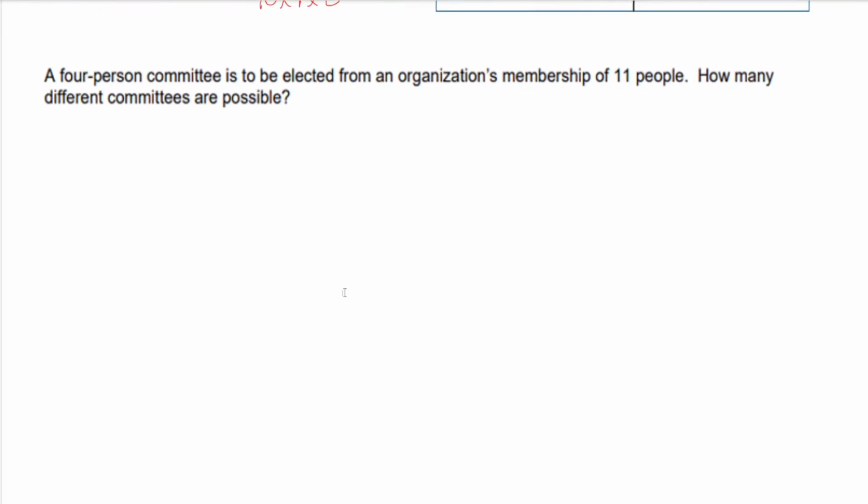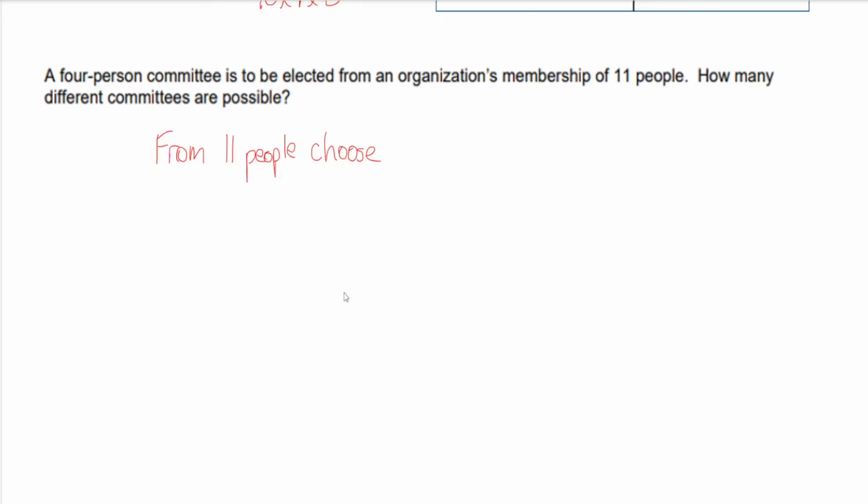Okay, so let's look at this one here. We do not have unique positions on the committee. Right? We just have a committee of 4. And how many do we have to choose from? So from 11 people, right, we're going to choose, and almost always it will make sense that this is the bigger number, this is the smaller number, right?